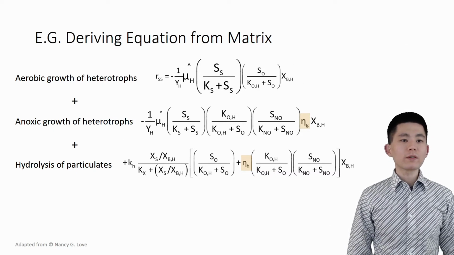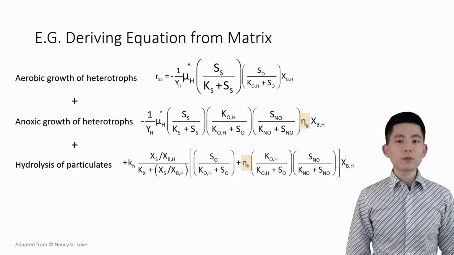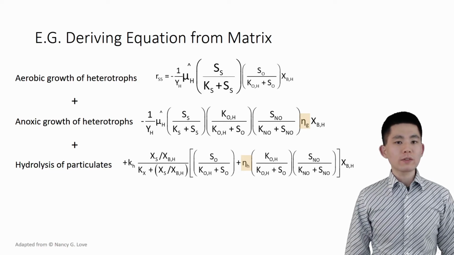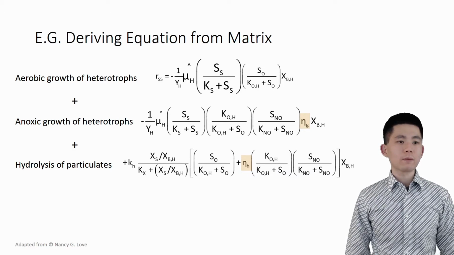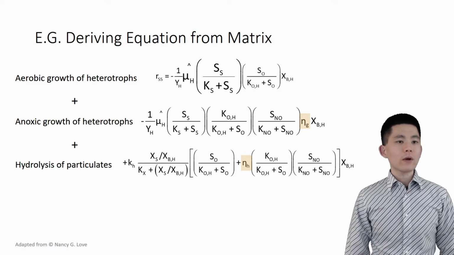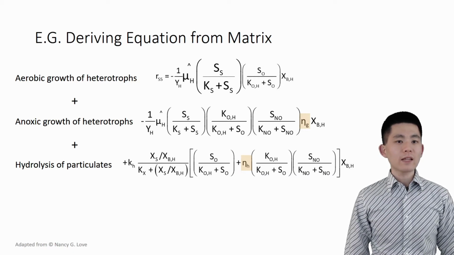We can multiply the stoichiometric coefficient by the corresponding process rates and add together the products for all processes in which S sub S is involved. This is the reaction term for S sub S in substrate mass balance. Correction factors eta are added to correct specific growth rates for different types of wastewater.